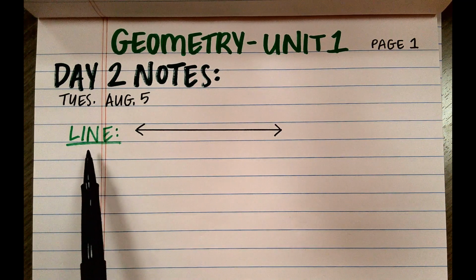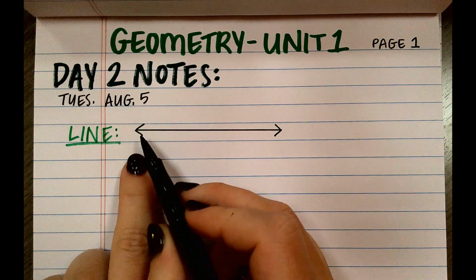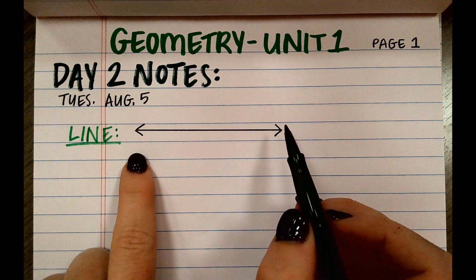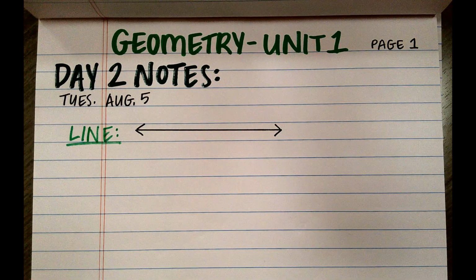A line is something that actually goes on and on and on forever to infinity in both directions, opposite directions. So a line never ends, ever. That's what those arrows represent. So if you want to put a little definition beside that, you don't have to, but some people like to.